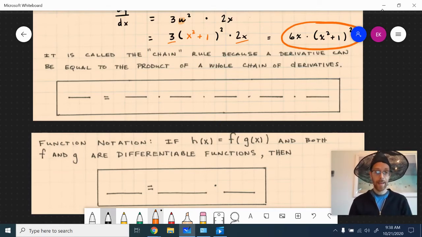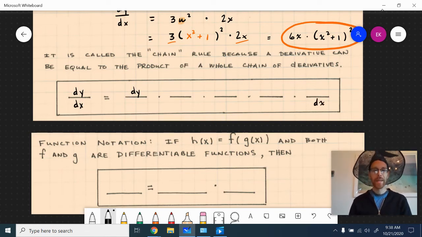One is that you can make the chain as long as you want. So we could say dy dx is equal to, put a dy here and a dx here, and we could just keep filling stuff in, like dA, dB, dC, dD.